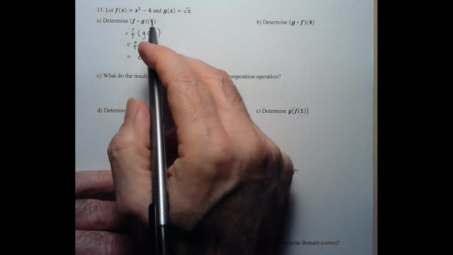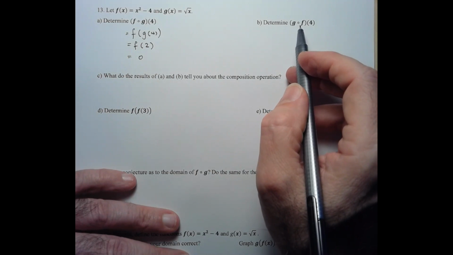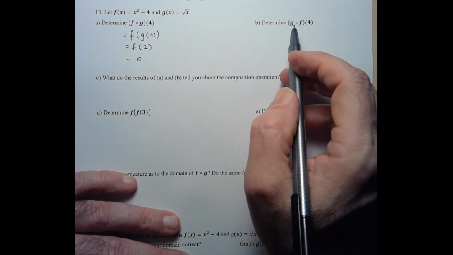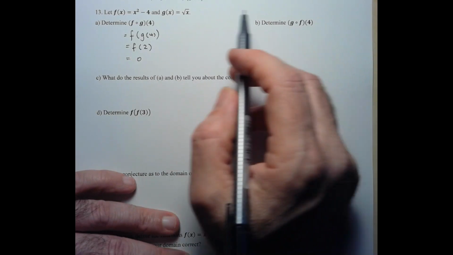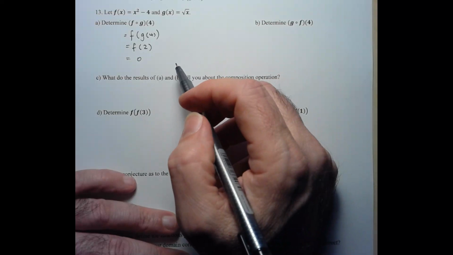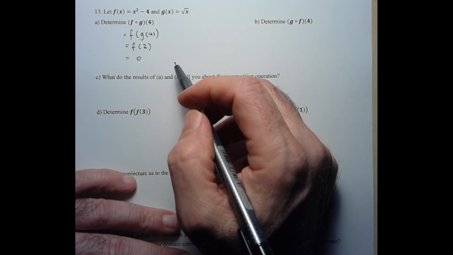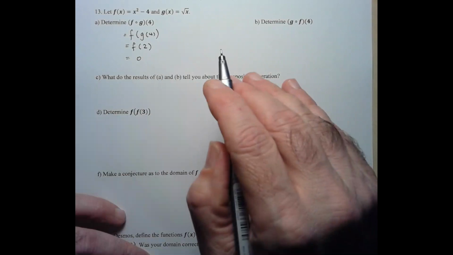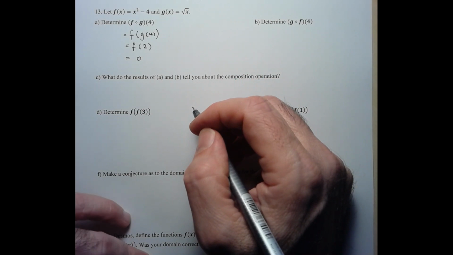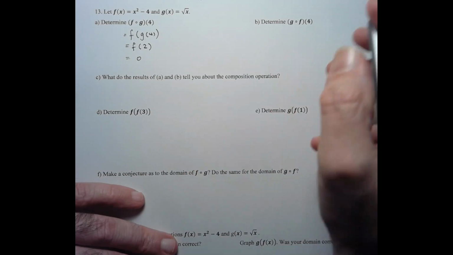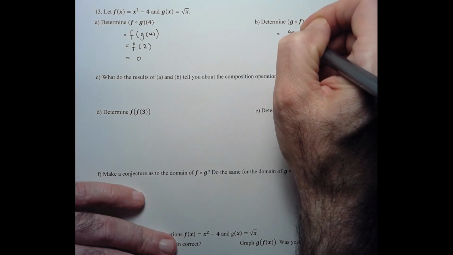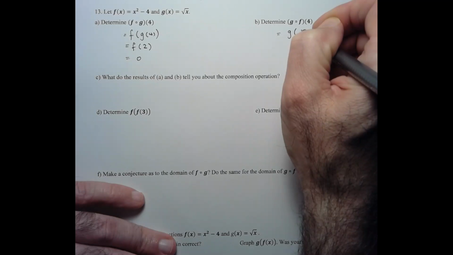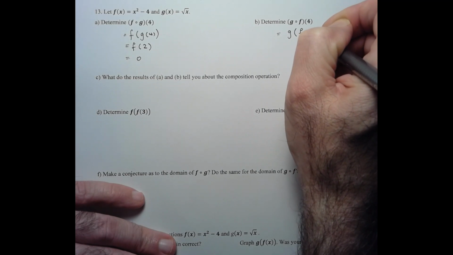Okay, so now here I'm asking you to determine g circle f at 4. If these two expressions are the same, then it might give us the idea that perhaps composition is commutative. But if they're different, then we know for sure it can't be commutative. Because remember, in order for something to be a property, it's got to be true all the time. So let's do it here. I'm going to use my definition. This now becomes g of f at 4.